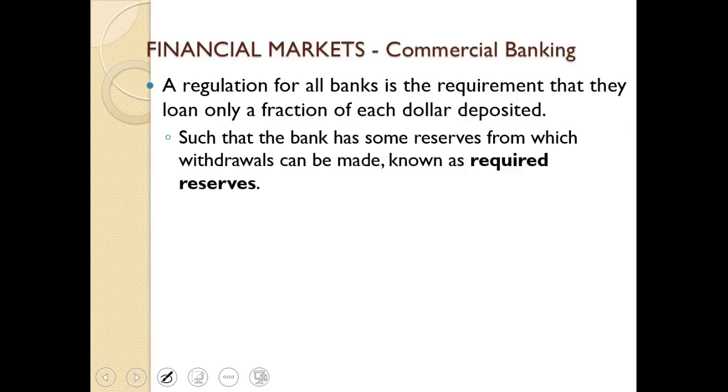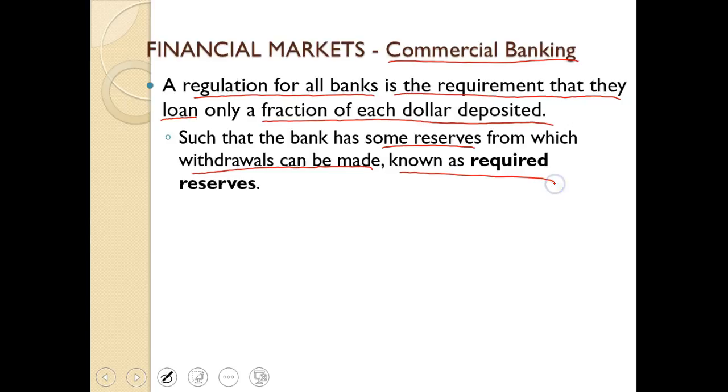So, in commercial banking, there's a regulation for all banks. They are required to loan only a fraction of each dollar deposited, such that the bank has some reserves from which withdrawals can be made.